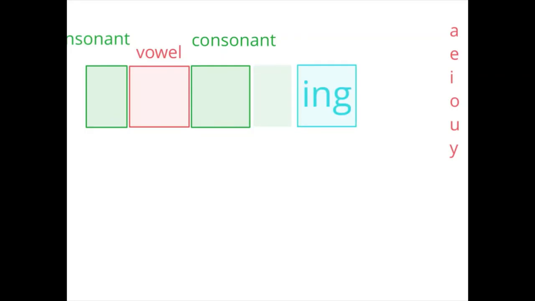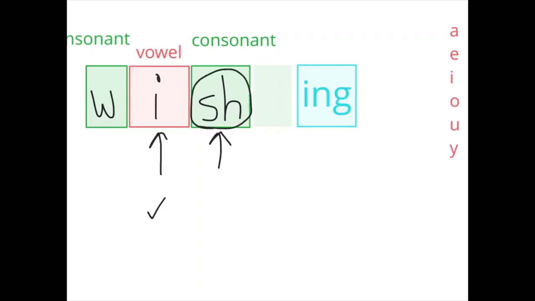Let's try another word. Let's try the word wish. Let's look in our vowel box. It's just one letter, check. Let's look at our last consonant box. This is a digraph. SH is a digraph.